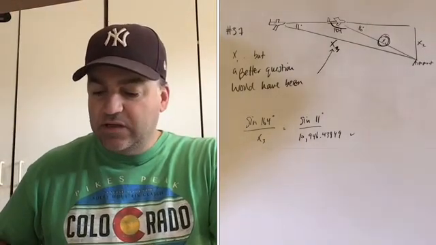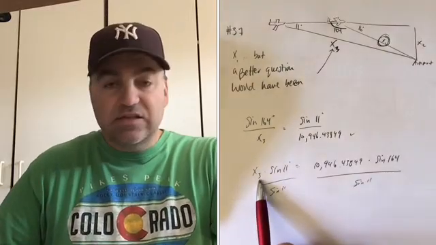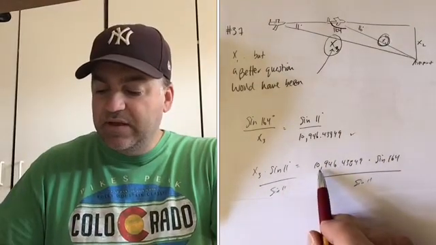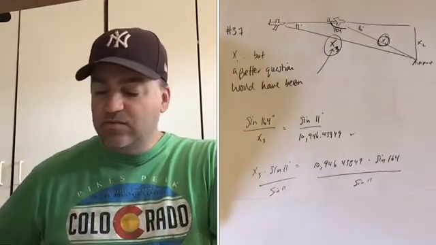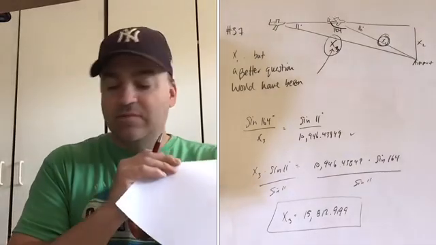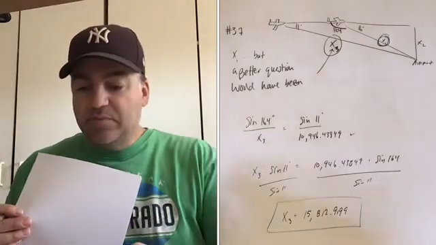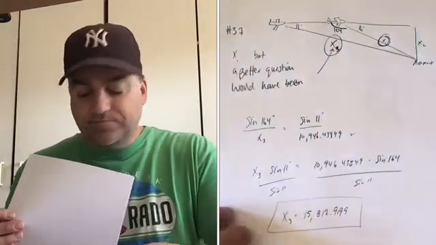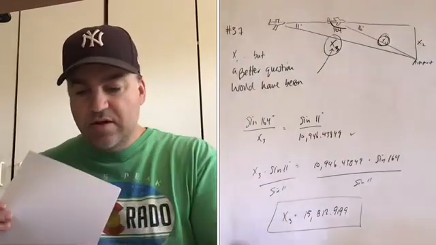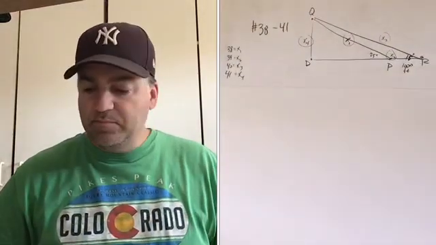So if I do a quick little cross multiply, I get that x3, this one right here we're looking for, would have been 10,000 times the sine of 164 divided by sine of 11 for 15,812. So that would have been a better problem, but either way, we already did number 37 on the previous problem here.